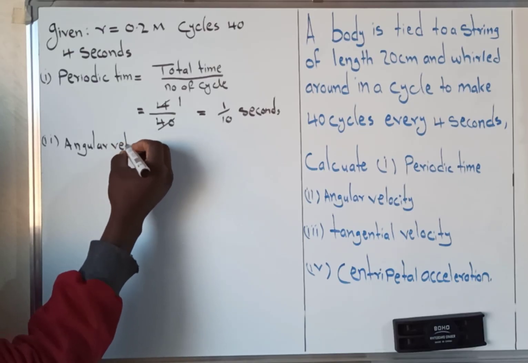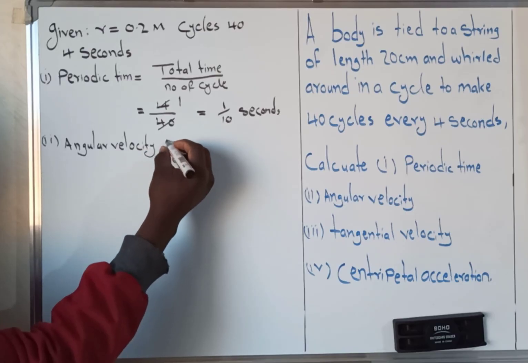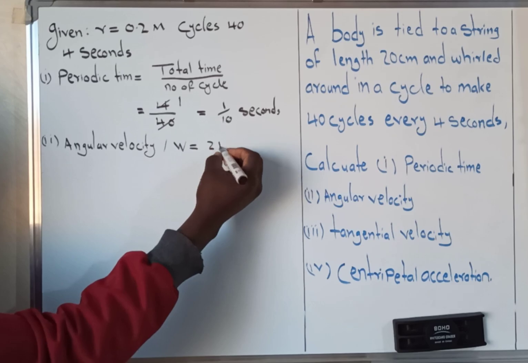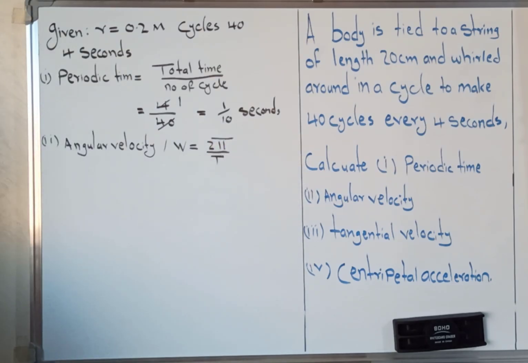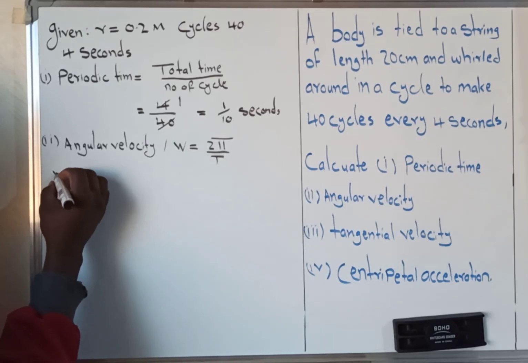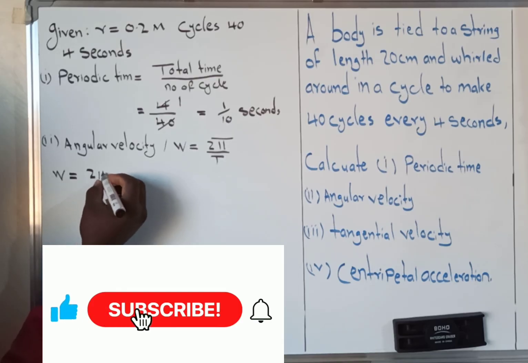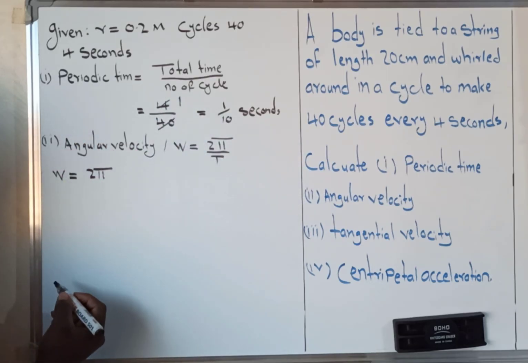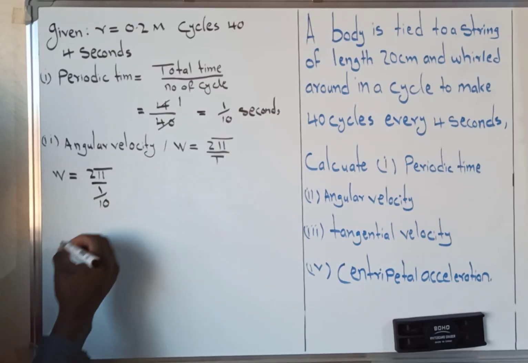So we have the angular velocity, which is the same as w, equal to what? 2 pi over T. This is angular velocity equal to 2 pi over T. So we have w, which is angular velocity, equal to 2 pi over T, where T is the periodic time, equal to 1 over 10. So therefore, we substitute 1 over 10.